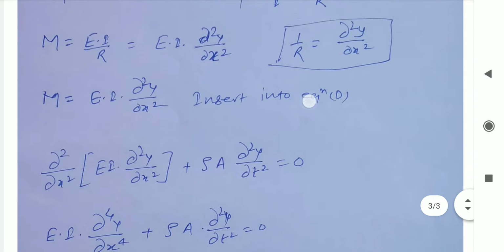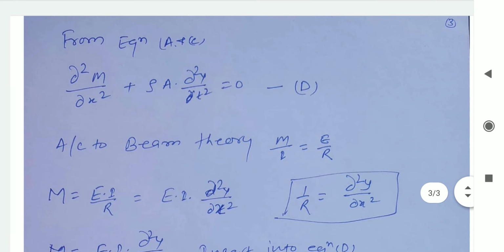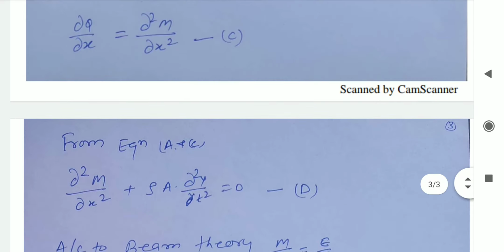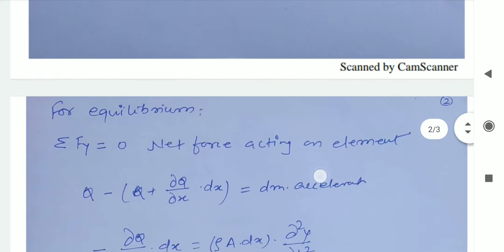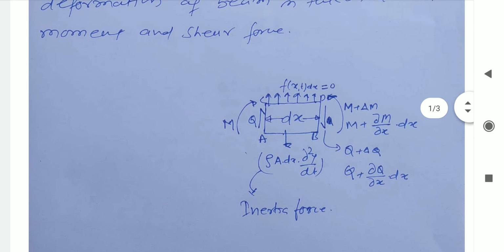So this is so simple. First you should take a beam having elemental length dx, and there are 2 types of forces responsible for the vibration, that is the shear force and bending moment.